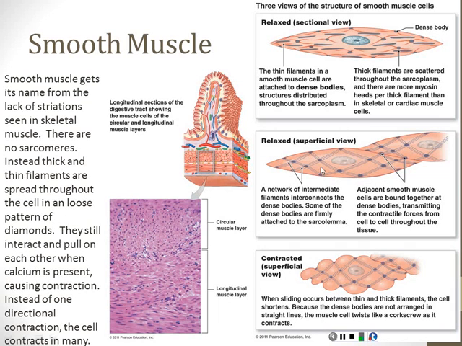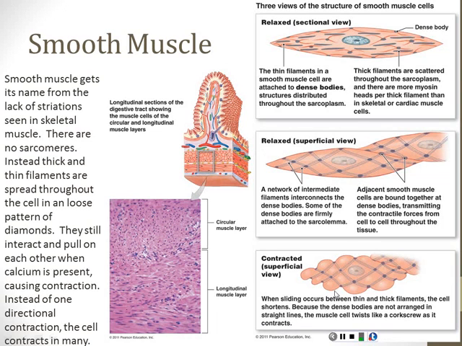But instead of being arranged in a sarcomere, they're more loosely arranged in this kind of net type organization. And so when these smooth muscle cells contract, all of these threads sort of all contract. And what we get is a change in shape like this. So we go from this kind of eye-shaped thing to this sort of wrinkled ball.